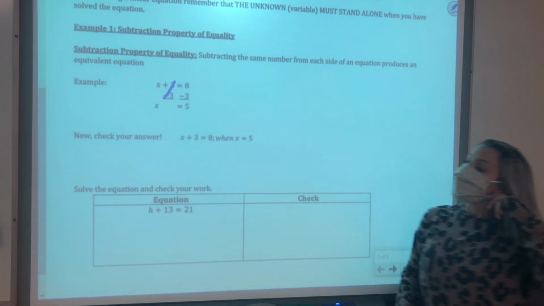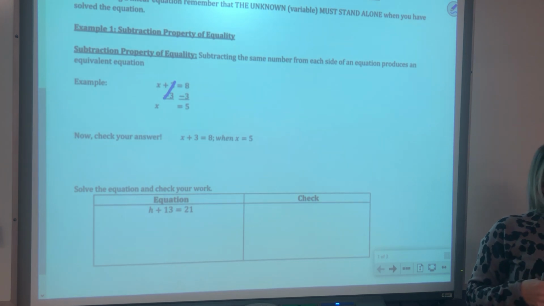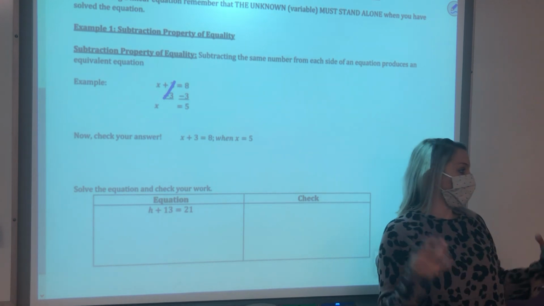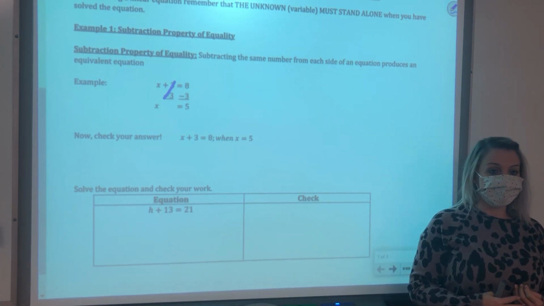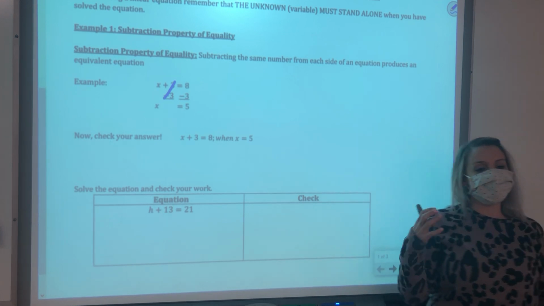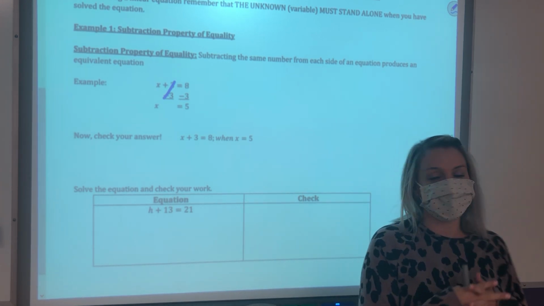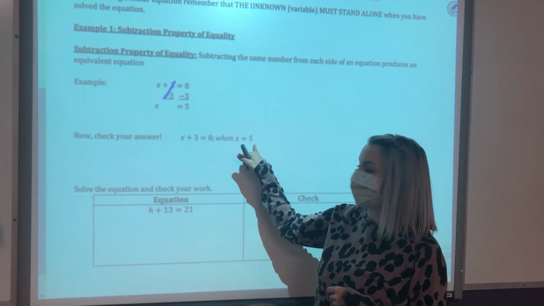One of the most important things about solving equations is checking your answer. Checking your answer is a way to ensure that you're never going to get a problem wrong. When we get our answer, we plug that number back into our equation. So x plus 3 equals 8 when x equals 5.